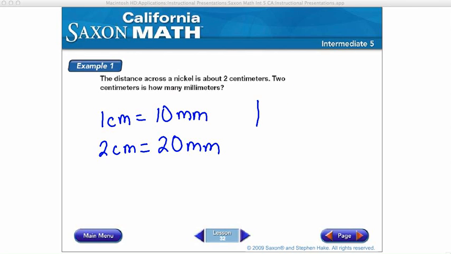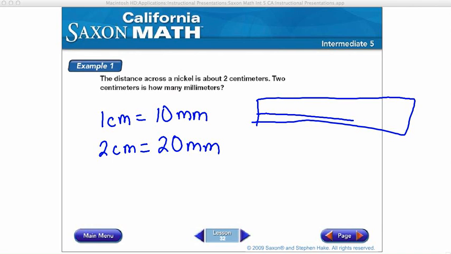If I was to make a chart, you guys have seen these before. Let me make a better chart because this one's not very pretty. Okay, let's try this again.